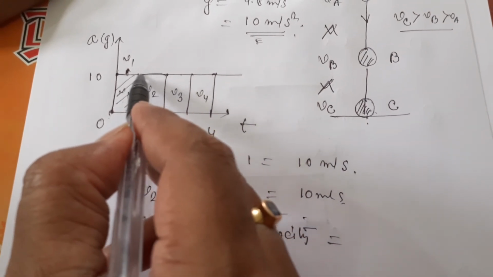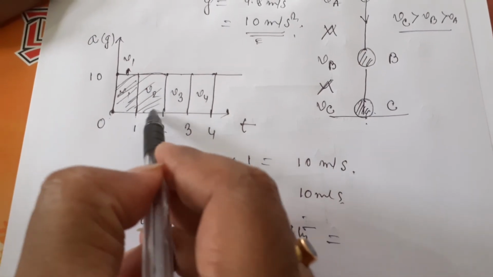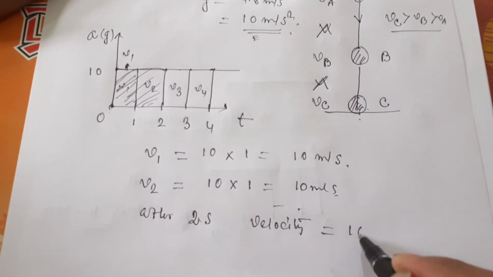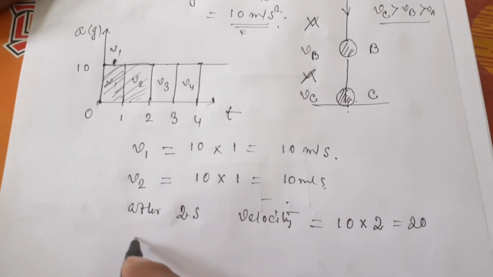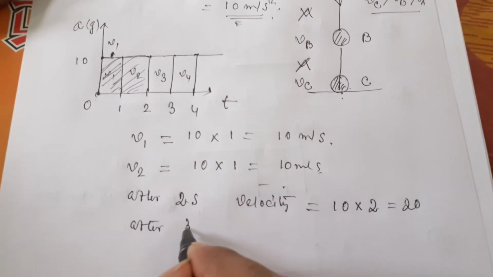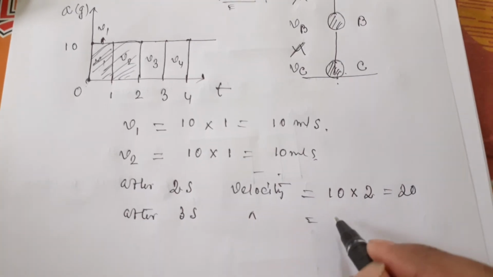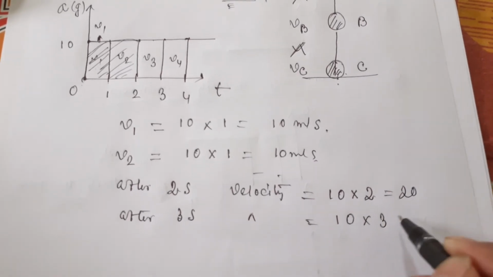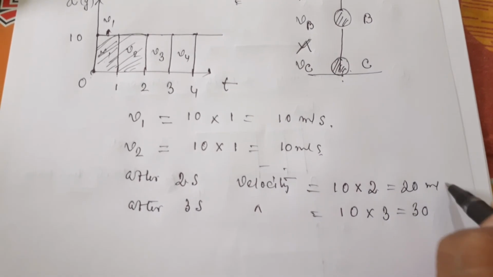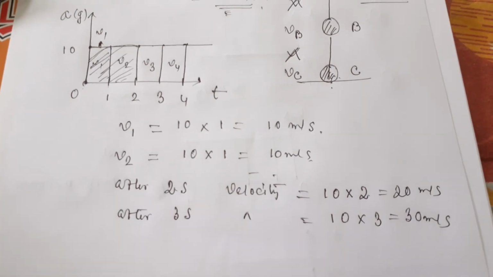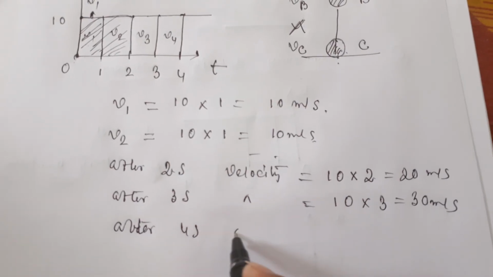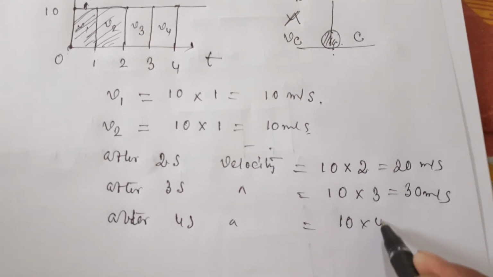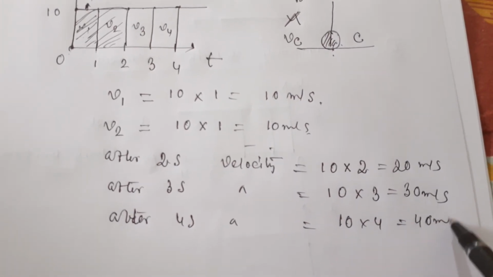Area of this portion: length is 10 and time is 2 here, so 20. After 3 seconds velocity will be how much? 10 into 3, that means 30. This is meter per second, this is also meter per second. After 4 seconds velocity will be how much? 10 into 4, that means 40 meter per second.